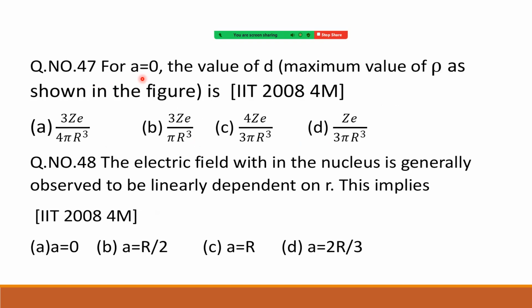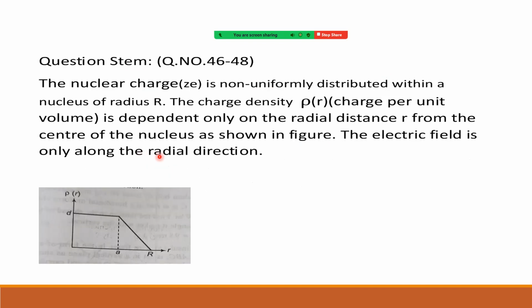For A equal to 0, the value of D, the maximum value of D. See what it means. See the diagram. A equal to 0 means from the center of the nucleus, rho value decreases linearly.